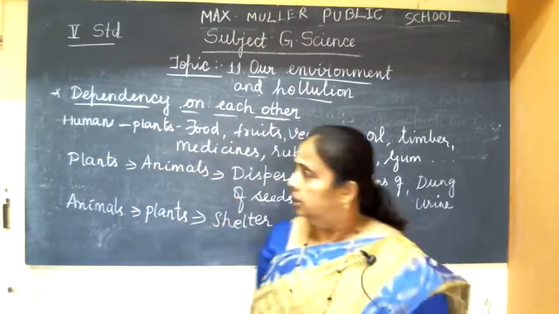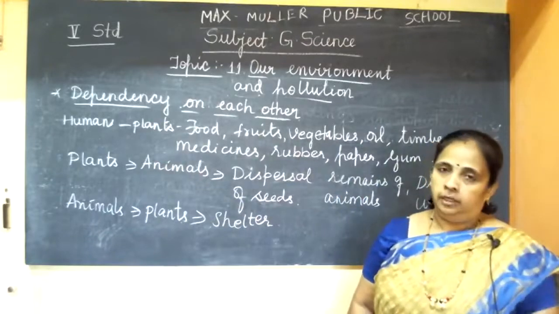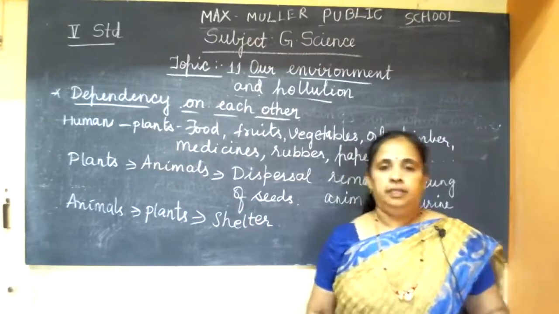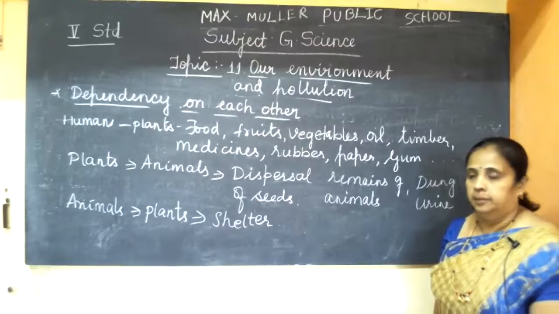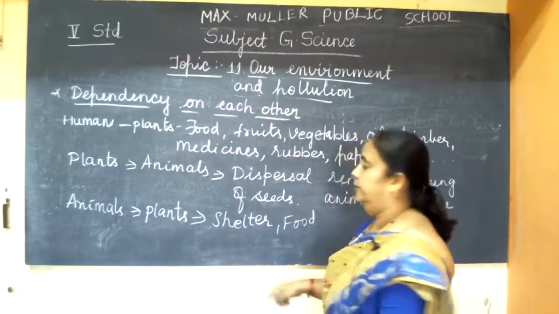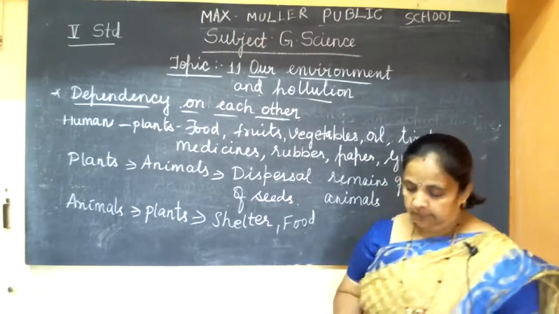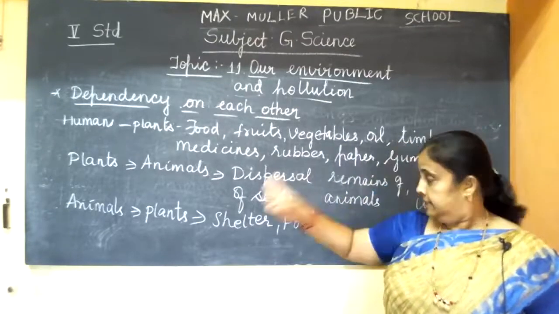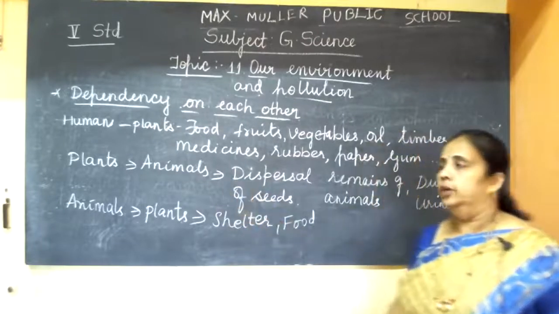And underground, under the tree, rabbits dig burrows and live. So plants will become shelter for many of the animals. And then plants are also food. They act as food for the animals. That means, you know that herbivores eat plants, is it not? So it is the food for the animals. So this way, the animals are dependent on plants.